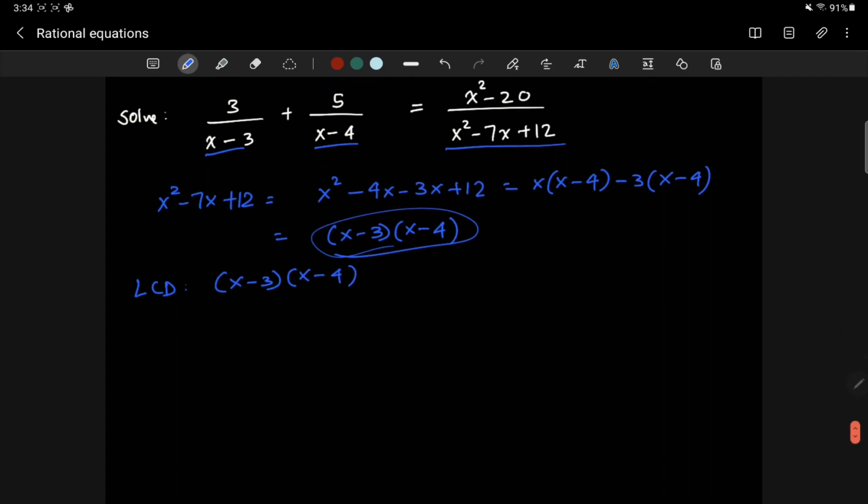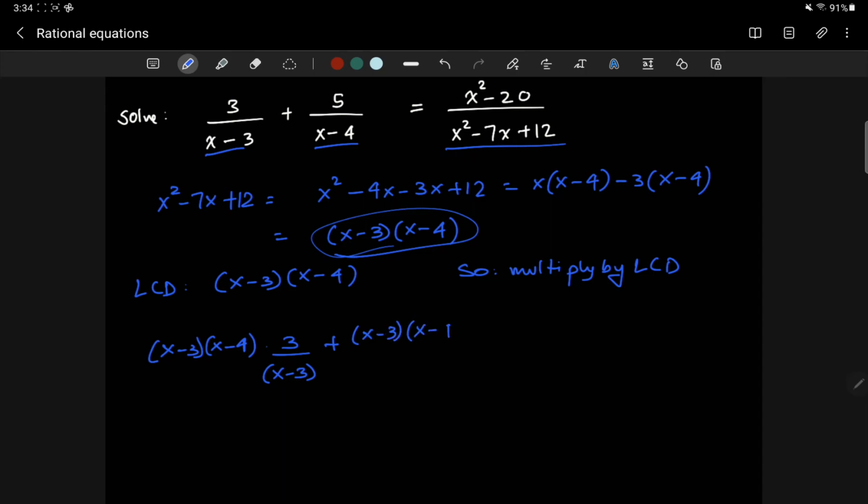So I can multiply by the LCD, and I have x minus 3 times x minus 4 times 3 over x minus 3 plus x minus 3 times x minus 4 times 5 over x minus 4 equals x minus 3, x minus 4, times x squared minus 20 over x minus 3 times x minus 4, because that is what the factoring of that polynomial is.